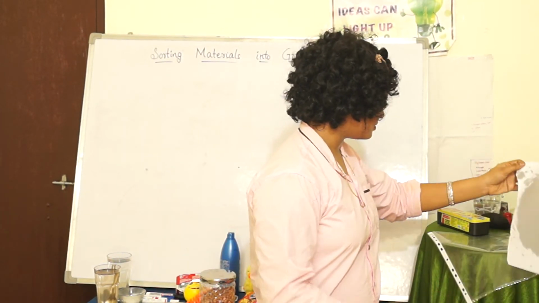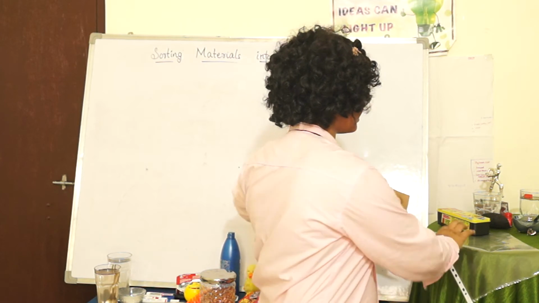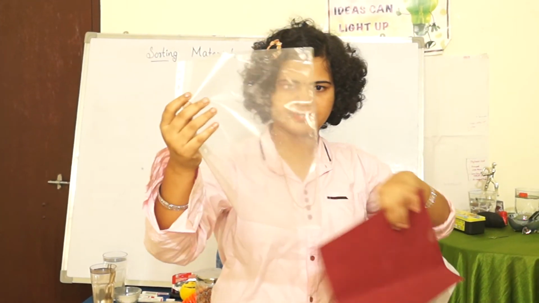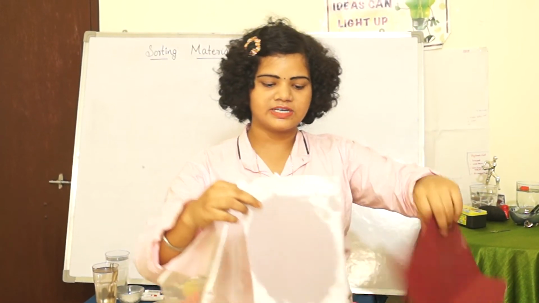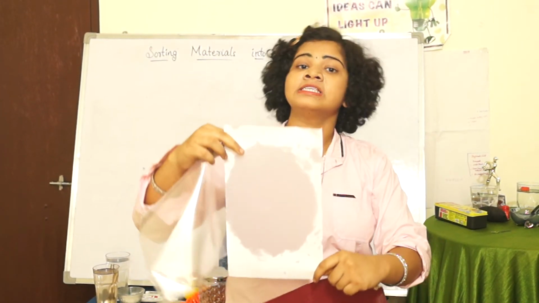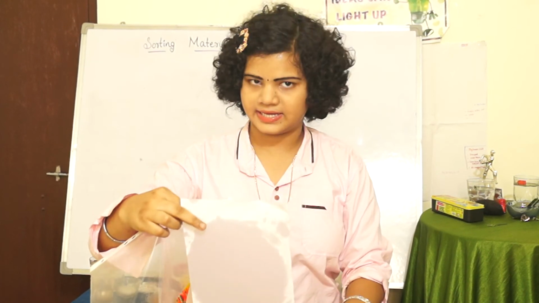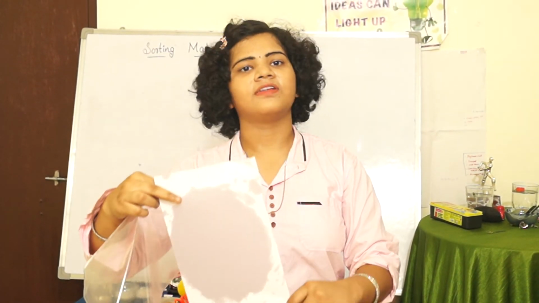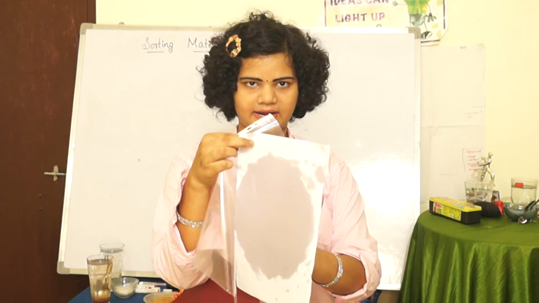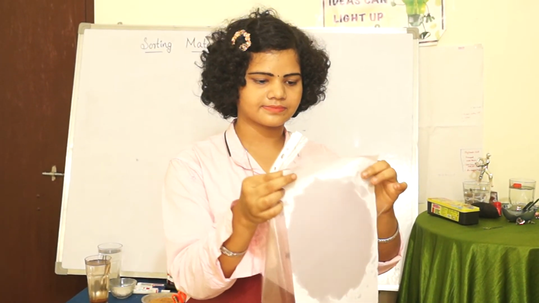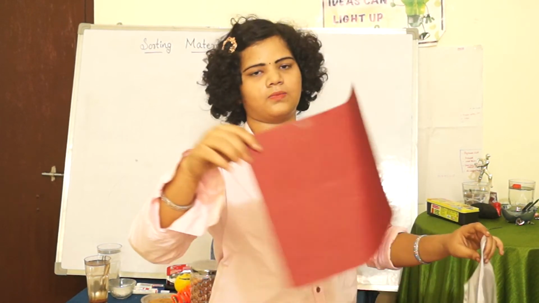Understood? So you have the transparent one, where you can see my hand through this. You have the translucent one, where you can see but not very clearly, a little bit blurred, right? And the next one is the opaque one.